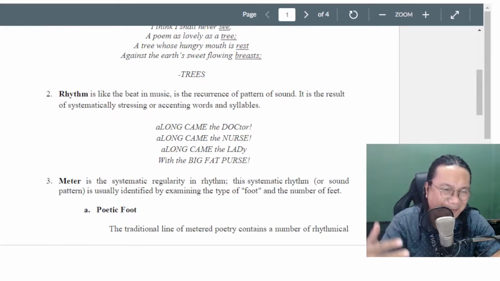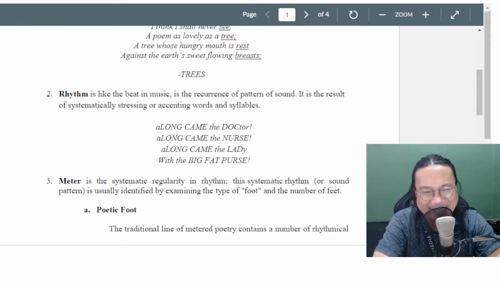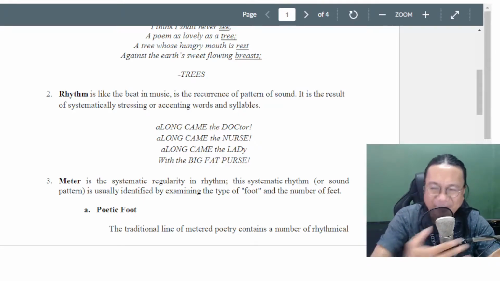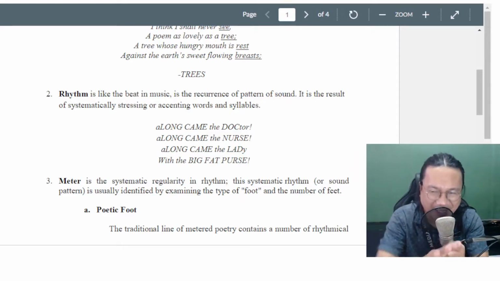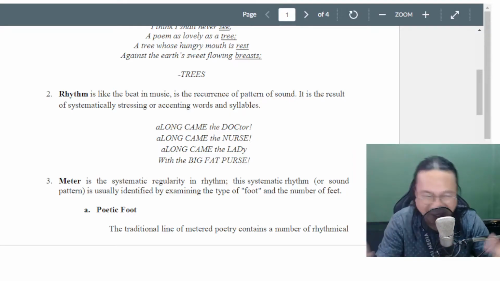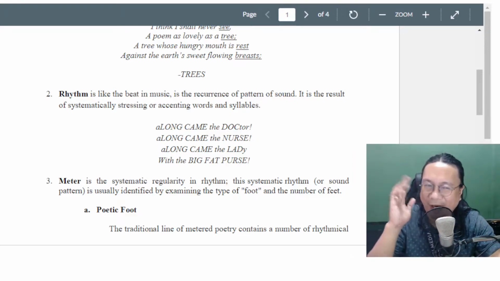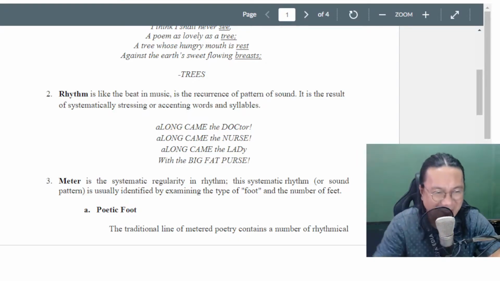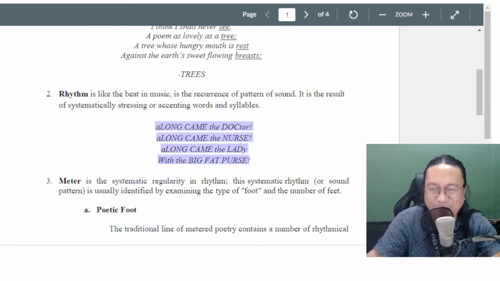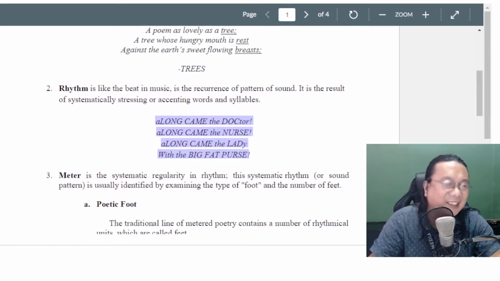Now, the next element is what we call the rhythm. Rhythm is like the beat of the music, for example in drums, like tug tug pak, something like that. So there are certain rhythms to your poem as well. For example, this particular short poem right here. Let's all read together.